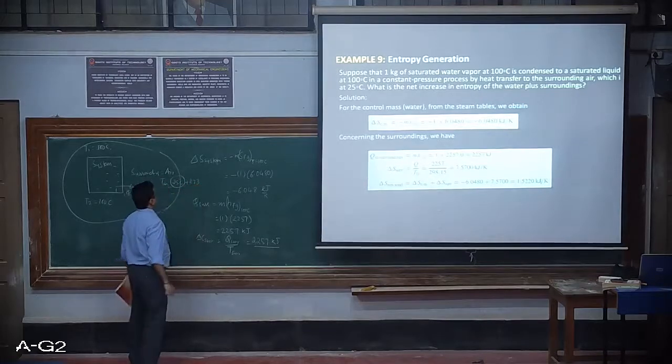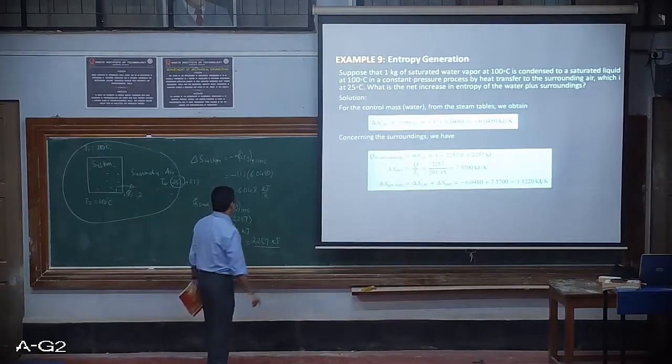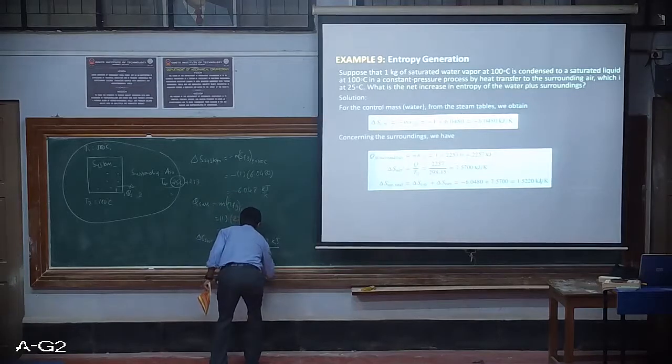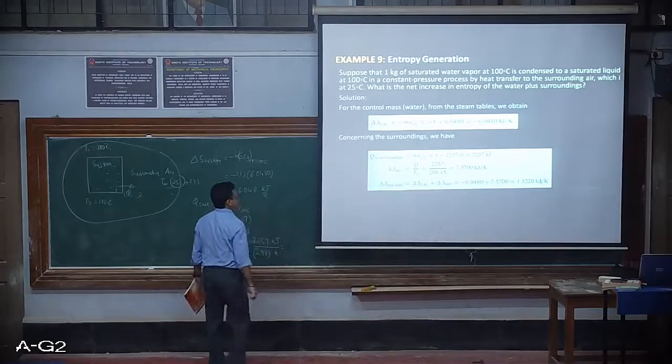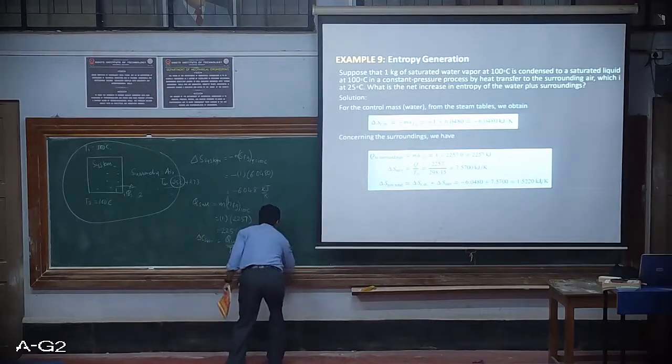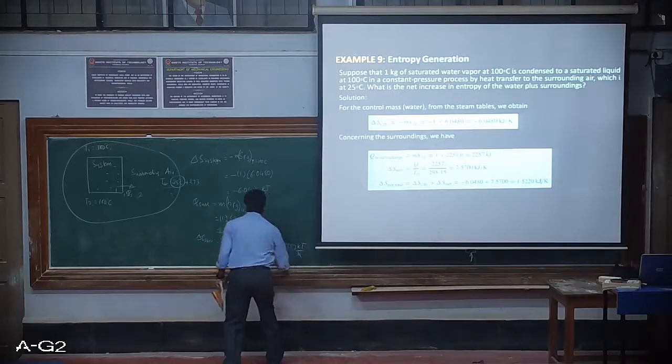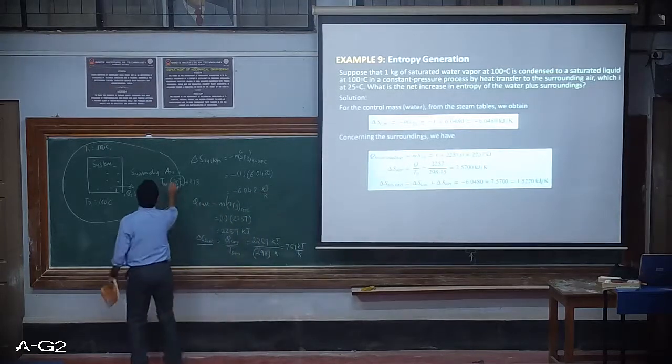So it is 273 plus 25, which is 298 Kelvin. So the final answer here is 7.57 kilojoule per Kelvin, the amount of delta S of the surroundings.